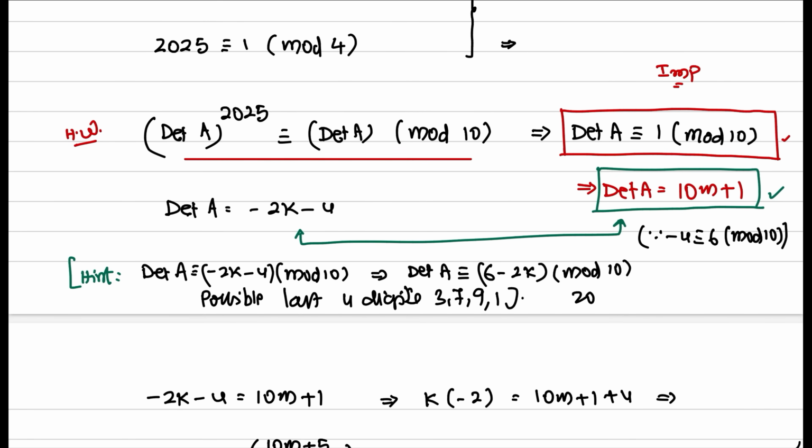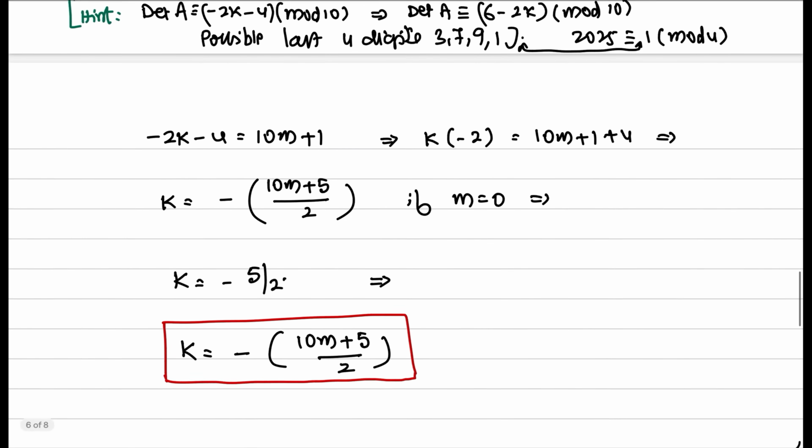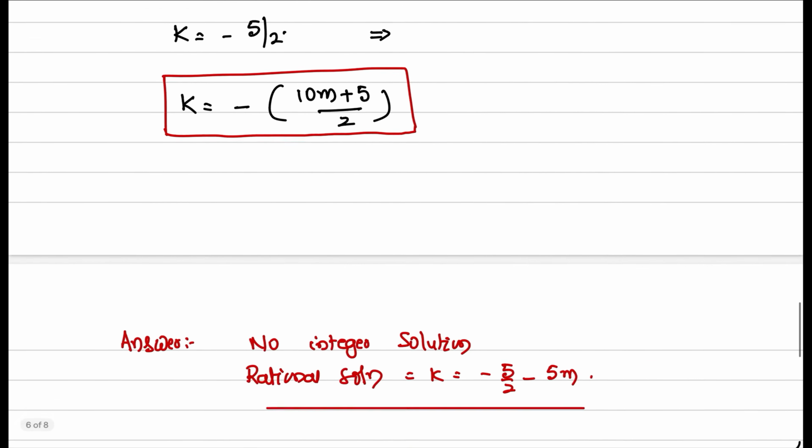And 2025 is equivalent to 1 mod 4. Hence, using this and this, we conclude that determinant A is equivalent to 1 mod 10. That is the process. Try to understand that process.